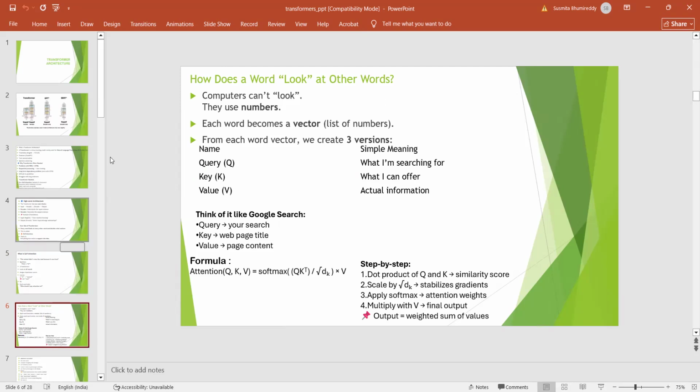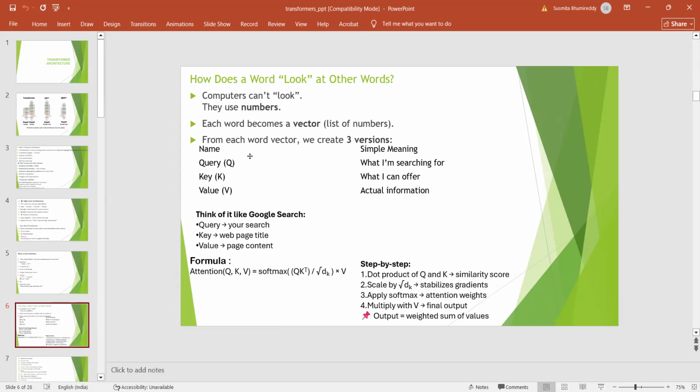So how does a word look at other words? Computers can't look; as we know, they use only numbers. So it will take each word from the sentence and convert it into a vector, a numerical format. From each word vector we have three versions.